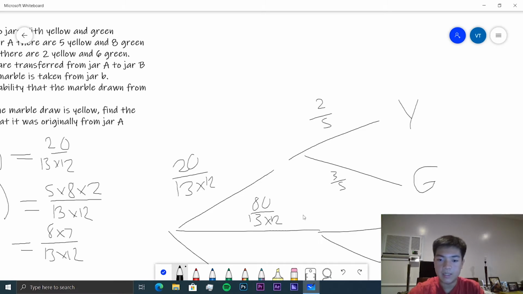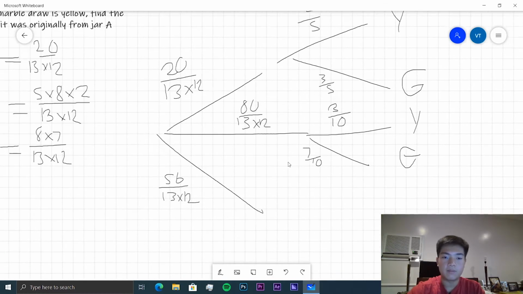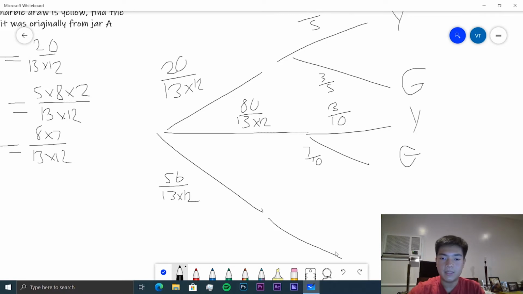From this middle branch, the probability is 3 over 10, and 7 over 10 that it's not. And from this bottom one, the probability is 2 over 10, 1/5, and 4/5 that it's not.